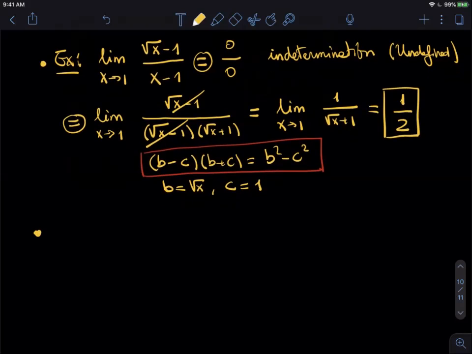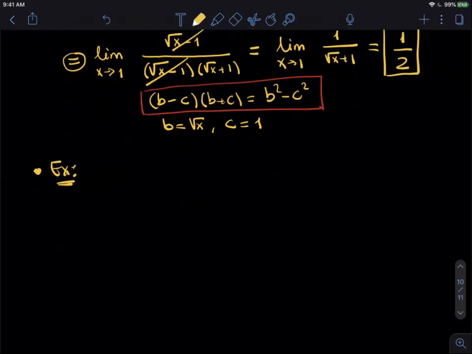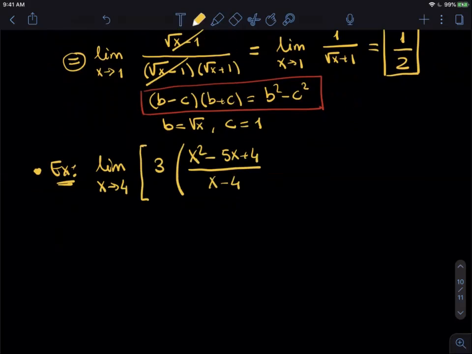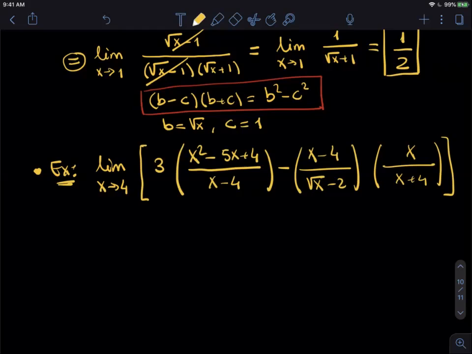Okay, and then let's do one last example. So let's do something more challenging. So let's take the function that is 3 times [x squared minus 5x plus 4] divided by x minus 4, minus [x minus 4] divided by [square root of x minus 2], times x divided by x plus 4, and that's it.